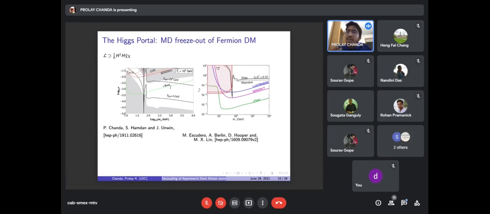We also have to know either the mass of the dark matter particle, because now we have three degrees of freedom: the coupling, the dark matter mass, and the zeta. So if I can somehow restrict the coupling, if I know the dark matter mass, then only can I say that this particular value should be the entropy dilution at that time. So in this case, we need to know both cosmology and particle physics.